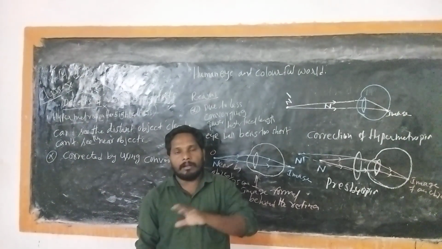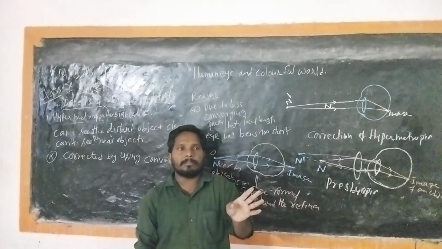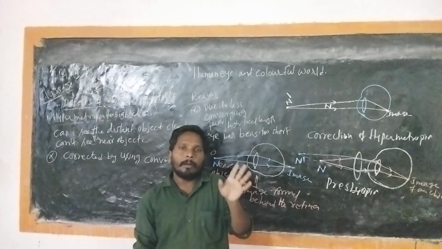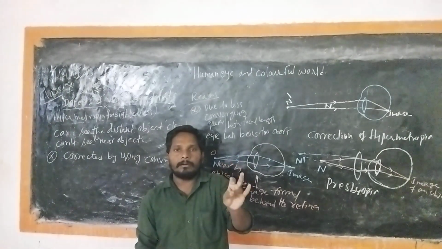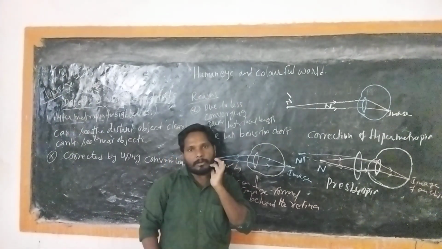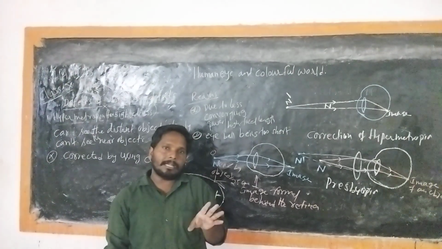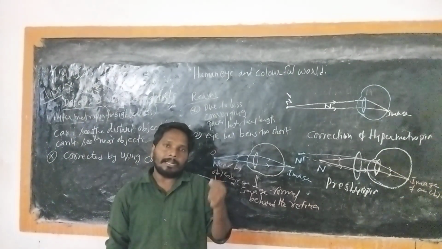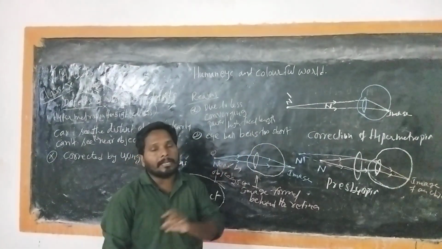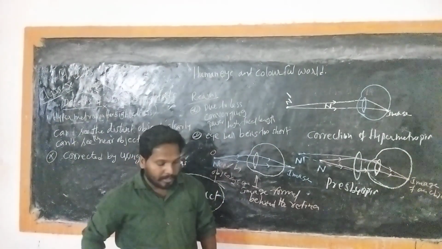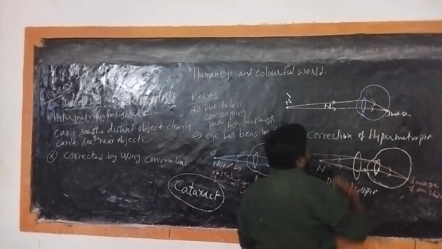So that's all for today. We discussed four types of defects of vision: myopia, hypermetropia, cataract and presbyopia. Read your textbook thoroughly, understand the concept, underline important points and practice the ray diagrams. Practicing the ray diagrams is very important.